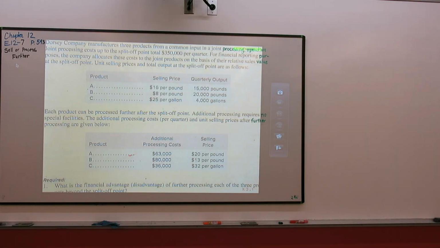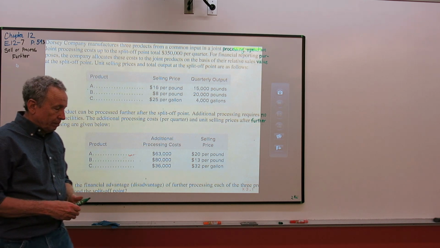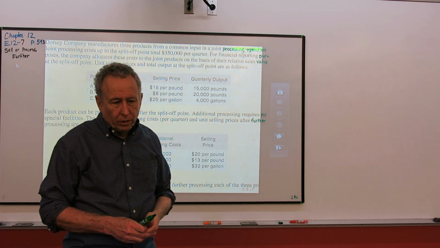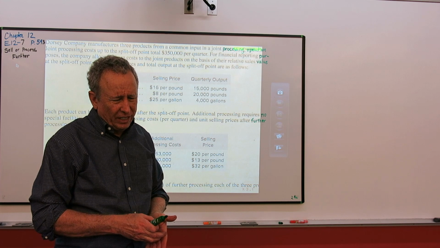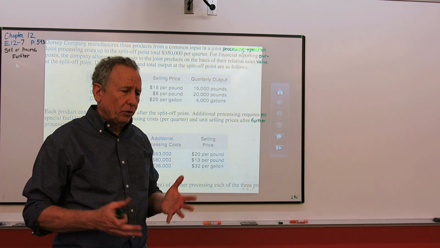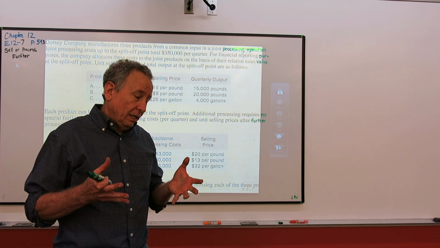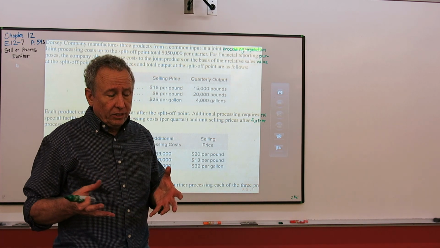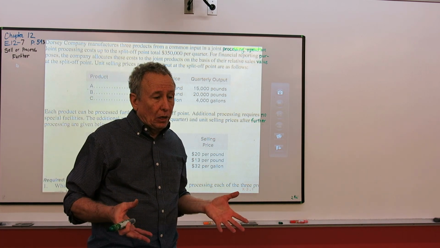Last problem in chapter 12. Chapter 12 is problem 7. It's on page 593, and this is an interesting one, sell or process further. This is again one where, in some of the more difficult industries, if you're taking a pig and going to sell it as a whole, or do you sell it in parts?